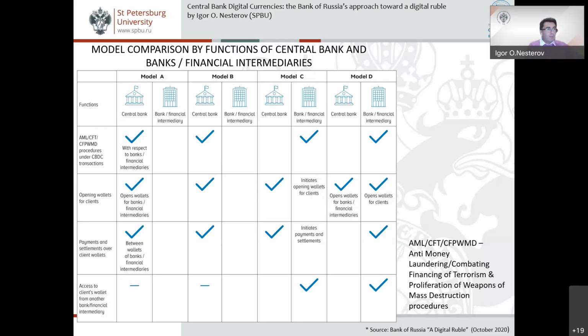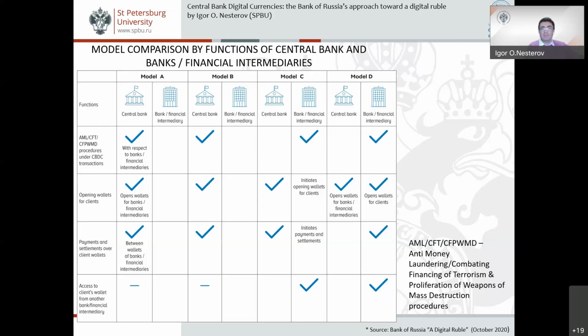Model B, with no place for commercial bank intermediation, is a real threat for the traditional banking system. What do we need banks for if Model B is realized?